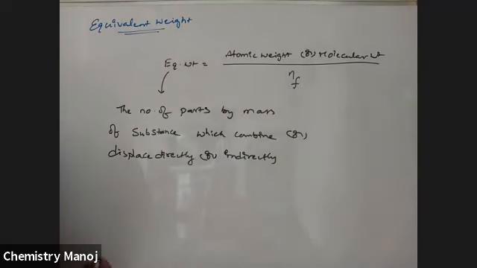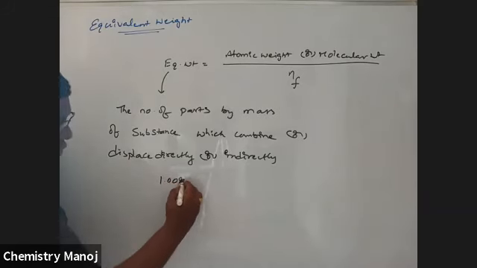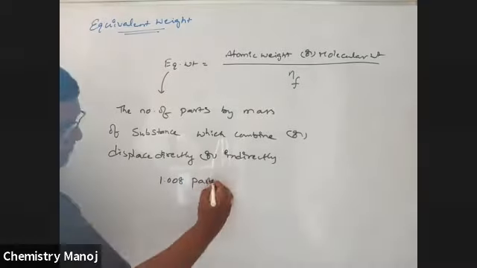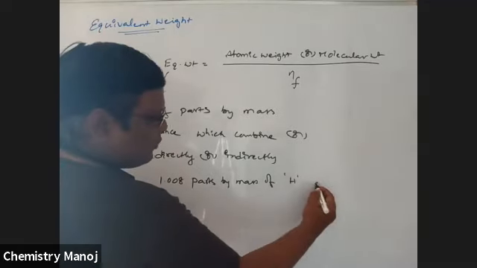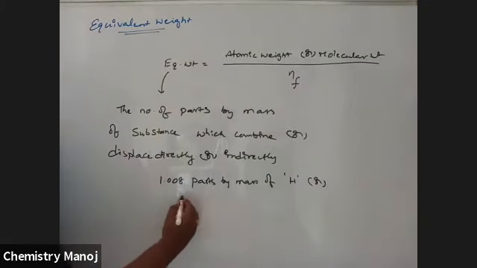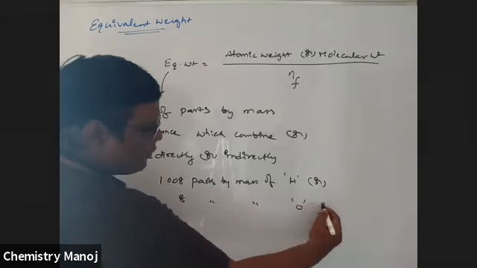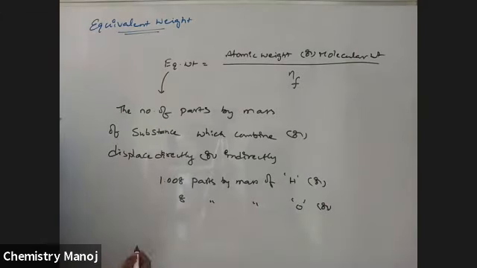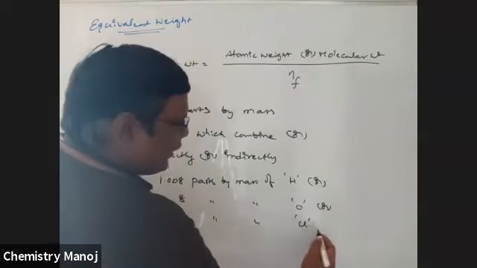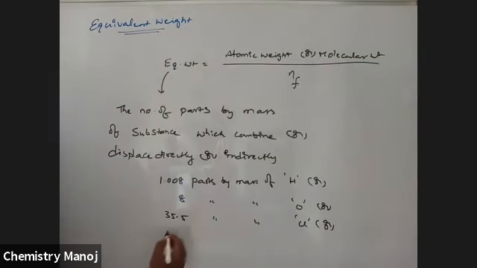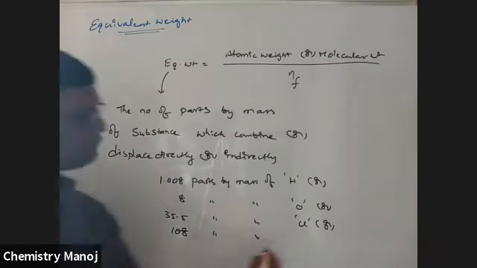Mind it, the number of parts by mass of a substance which can displace, either directly or indirectly, or combine with 1.008 parts by mass of hydrogen, or 8 parts by mass of oxygen, or 35.5 parts by mass of chlorine, or 108 parts by mass of silver.